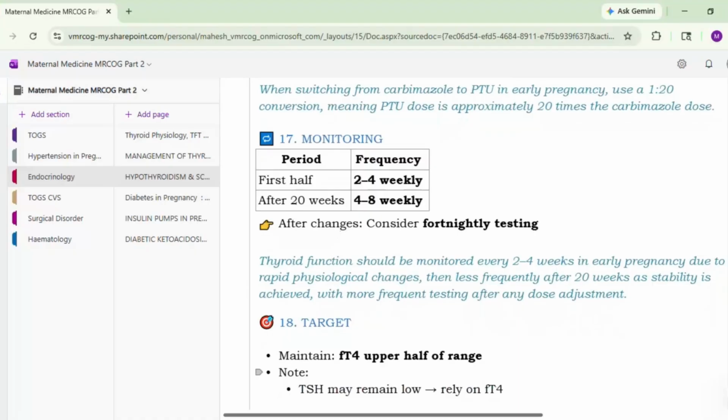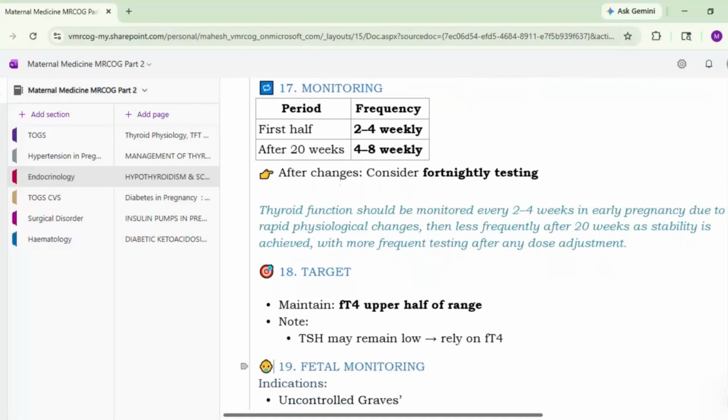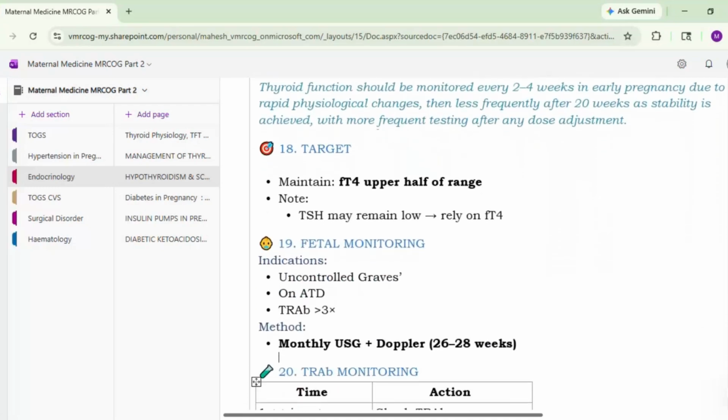So thyroid function should be monitored every 2 to 4 weeks in early pregnancy due to rapid physiological changes, then less frequently after 20 weeks as stability is achieved, with more frequent testing after any dose adjustment. So if you do the dose adjustment, then fortnightly. Okay. So the target FT4 should be in the upper half of the pregnancy-specific range. Okay. Then TSH may remain low, rely on FT4.